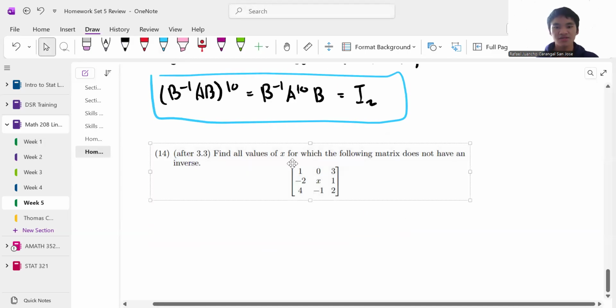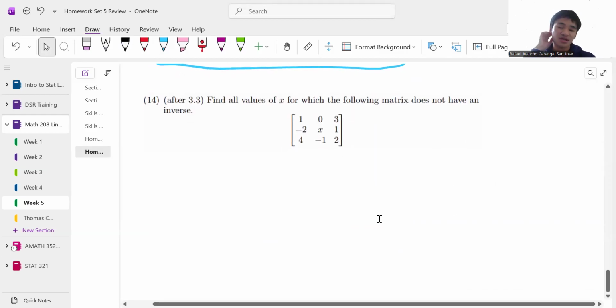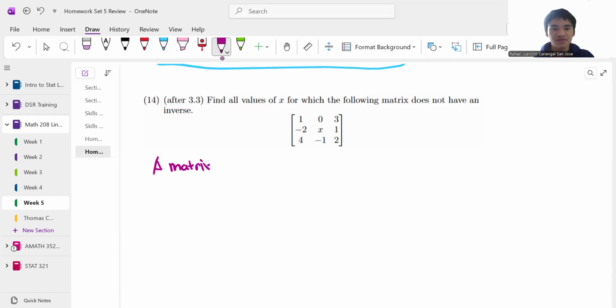So here we're being asked to find all values of x for which the matrix doesn't have an inverse. How do we know if a matrix has an inverse? Again, we look back at our definitions. One is that it's a square matrix.